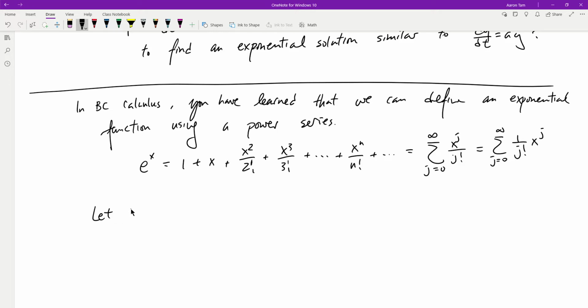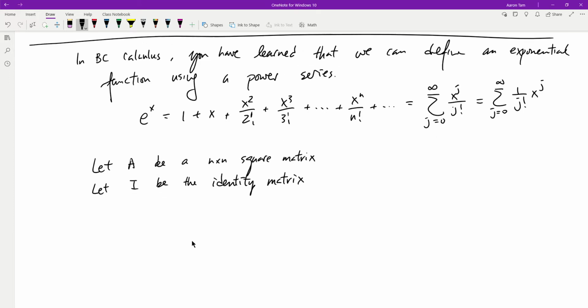So let's say we let A be an n by n square matrix, and let's say we let I be the identity matrix for whatever dimension we need. Most likely in here we need n by n. Then we'll define something called the matrix exponential to be the following.